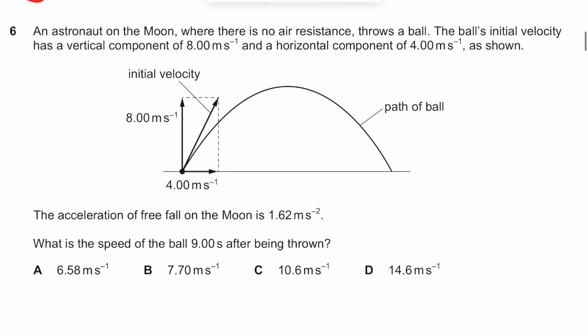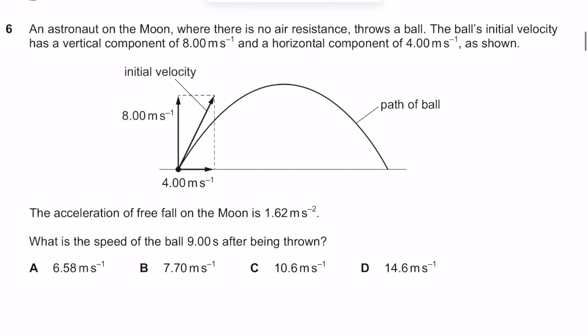Okay. There are two different types of motion within projectile motion, right? So I am going to write V equals U plus AT for vertical motion, and I have a direction, so I have to strictly follow this arrowhead, right? U is 8.